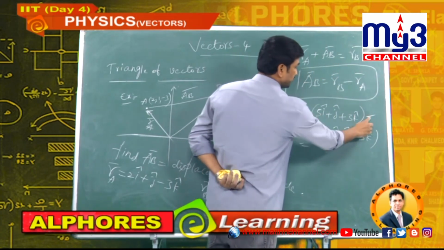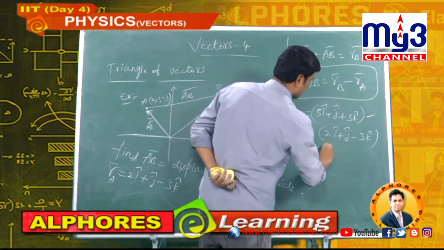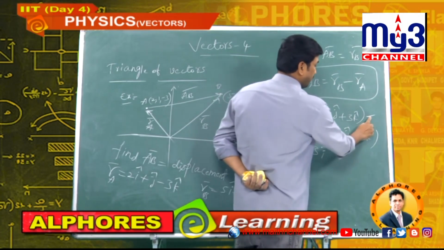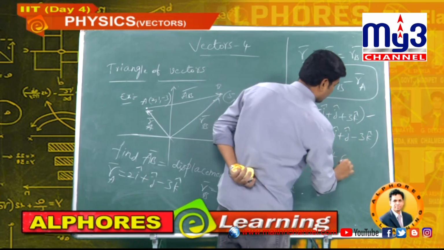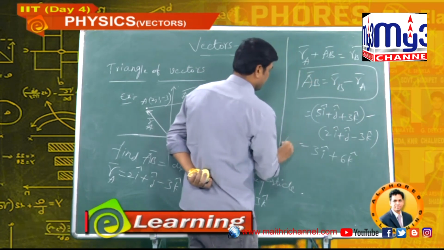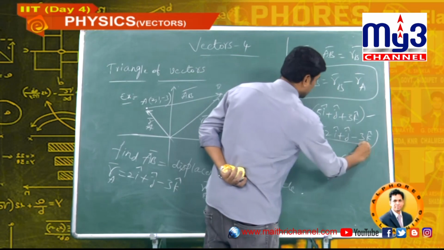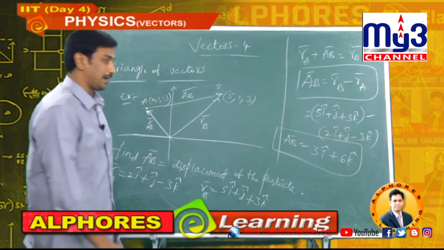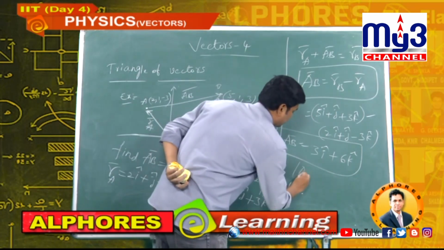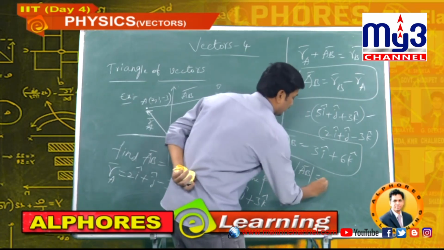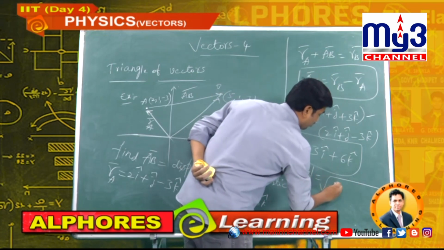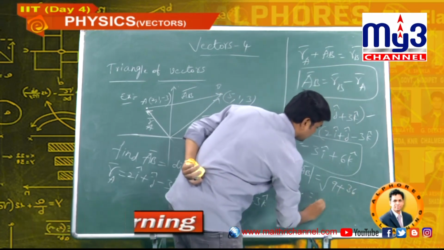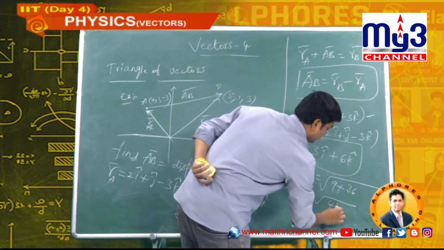That gives 5 minus 2, 3 i cap, plus j minus j, 0, and minus of minus plus, plus 6 k cap. So the displacement of the particle AB bar is 3 i cap plus 6 k cap. What is the magnitude of the displacement? Under root of the i cap coefficient whole square plus the k cap coefficient whole square. What is that? Under root of 45.